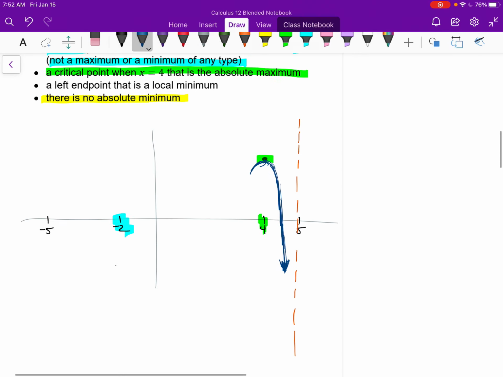So for example, if I just draw a dot here, it can't be like that, because then that would be an extreme value. That would be a local minimum. I know it can't be like that, because that would be an absolute maximum. It can't be just like this, because that would not be a critical point.